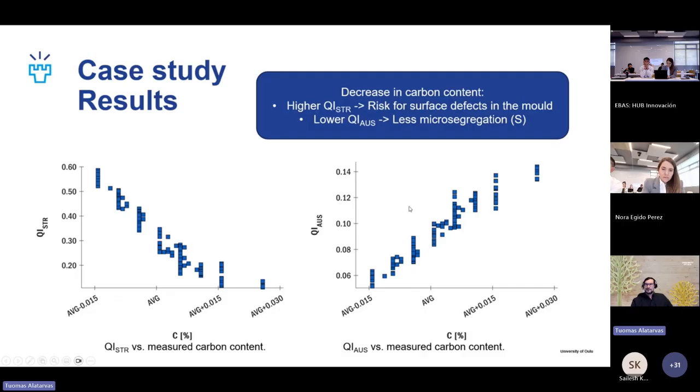Here we can see that if we decrease the carbon content, we have a higher QI STR, which can account for surface defect risk in the mold. But on the other hand, we have a lower quality index for austenite formation. That's also related to microsegregation, and with lower values we observe less microsegregation for sulfur in this case. So it's a bit like finding a compromise between those two quality indices.